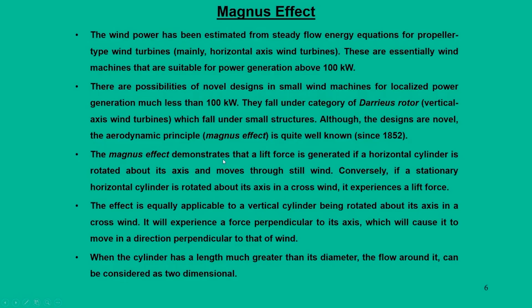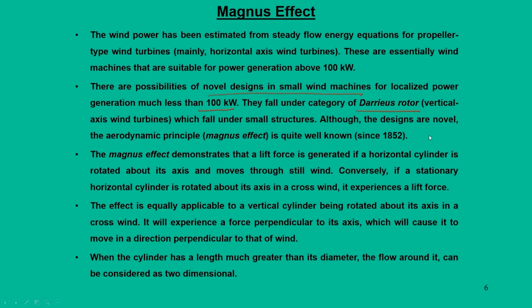They can be considered as novel small wind turbine designs, with power generation of less than 100 kilowatts. They operate at low wind speeds and fall under the category of rotor type, like Savonius rotor and Darrieus rotors. Those turbines we can design, and the blades should be lift based designs.